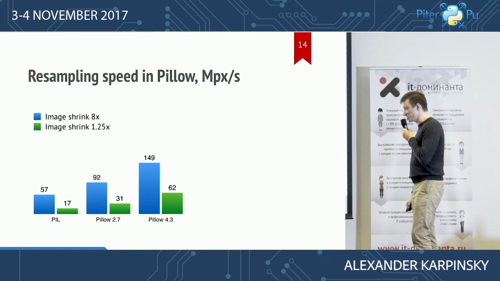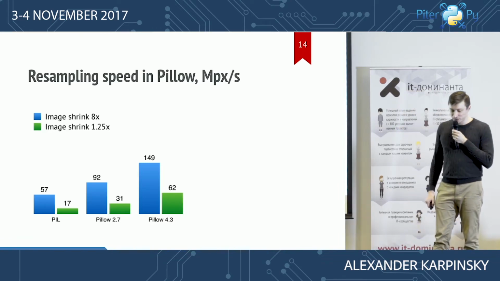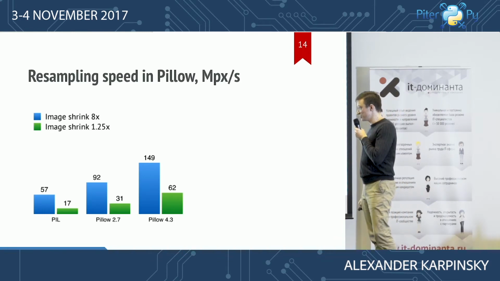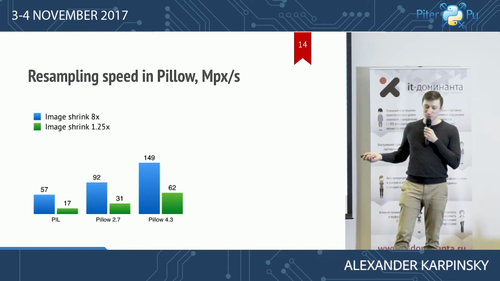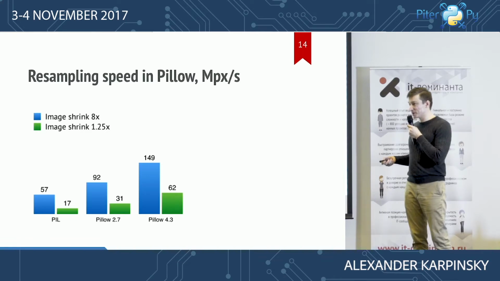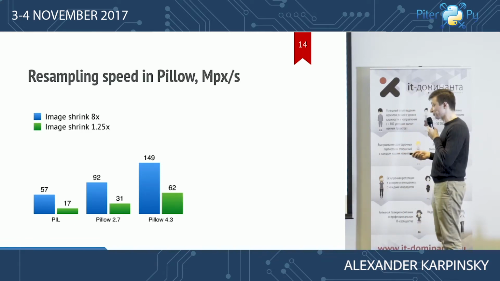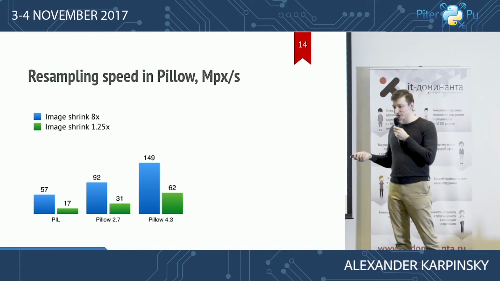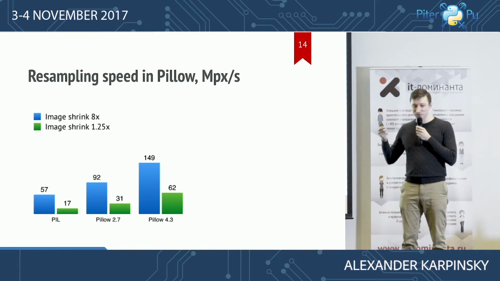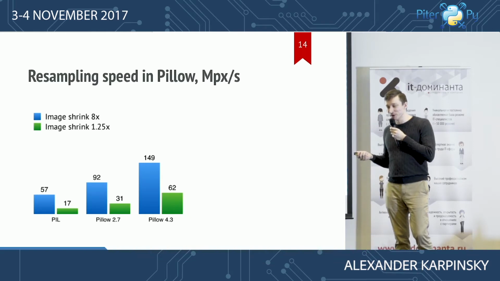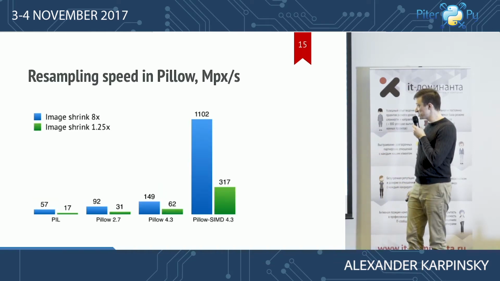And when I started working on resizing, just optimizing it, I managed to double the speed in Pillow 2.7, and by a factor of more than 2 for Pillow 4.3. Many graphical transactions are well supported by SIMD.